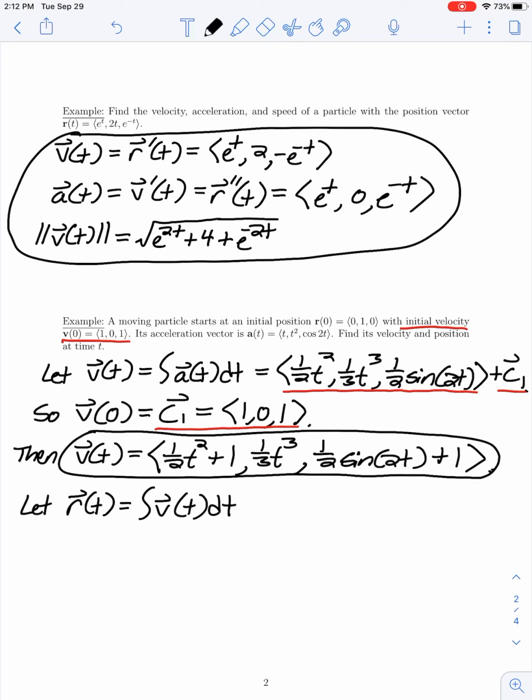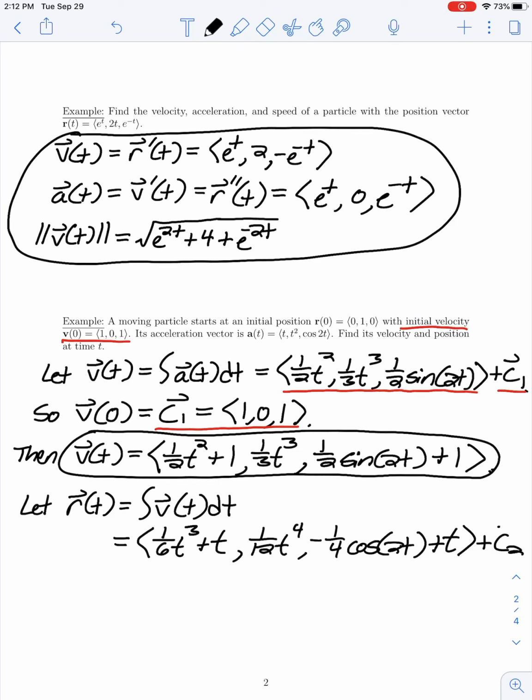So finding the antiderivative term by term or component-wise, for the first component, we would have 1/6 t cubed plus t. For our second component, we would have 1/12 t to the fourth. And for our third component, we would have negative 1/4 cosine of 2t plus t.